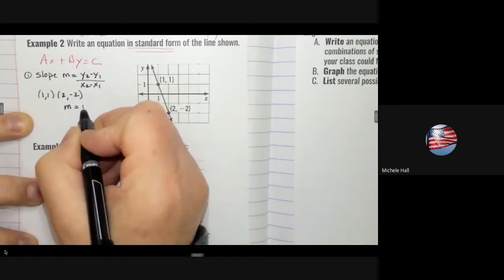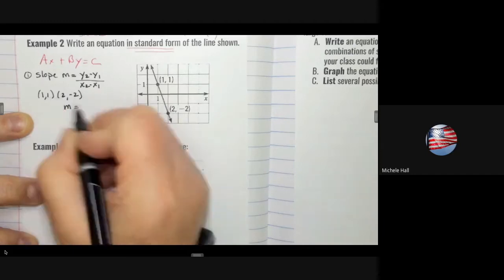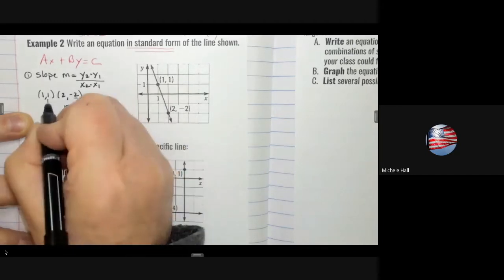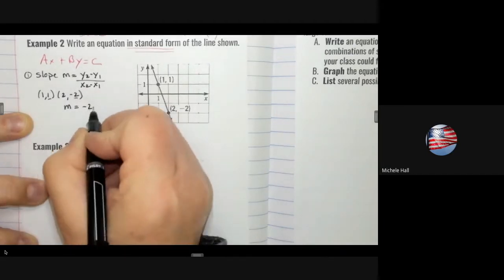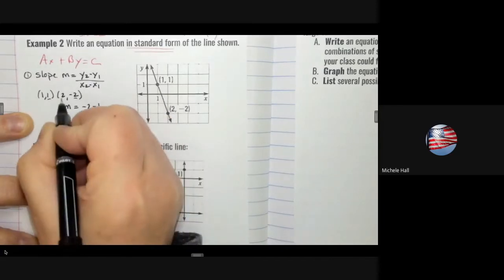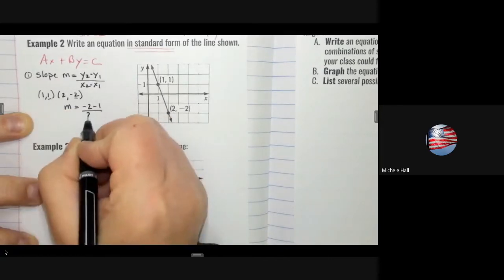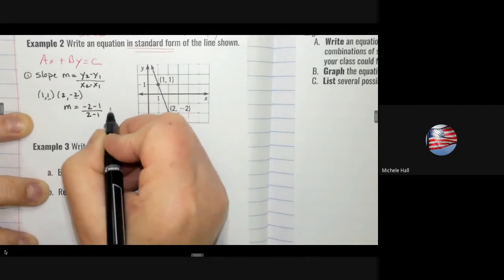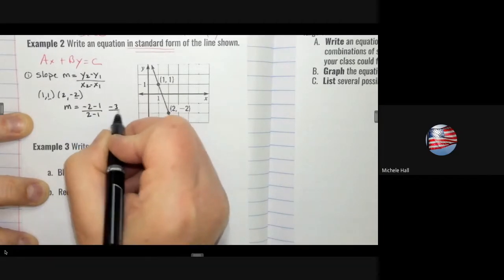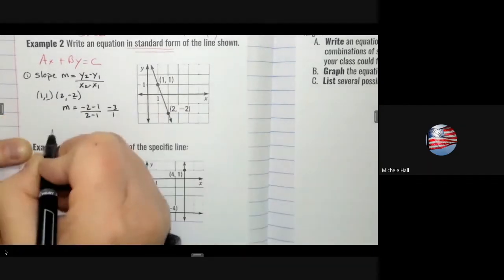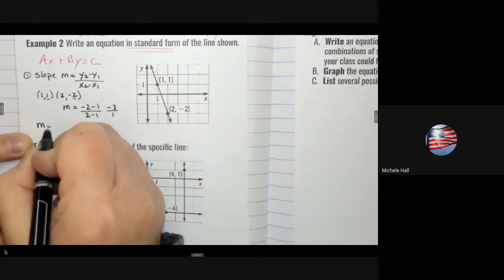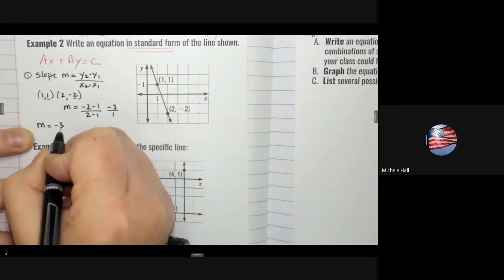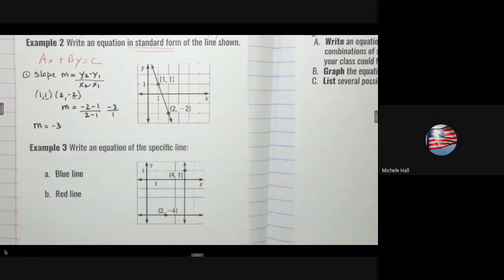Subtract our y values, negative 2 minus 1. Here's our y values. Negative 2 minus 1 divided by 2 minus 1. And we get negative 3 divided by 1. So we know that our slope is negative 3. And I'm going to continue to write an equation.